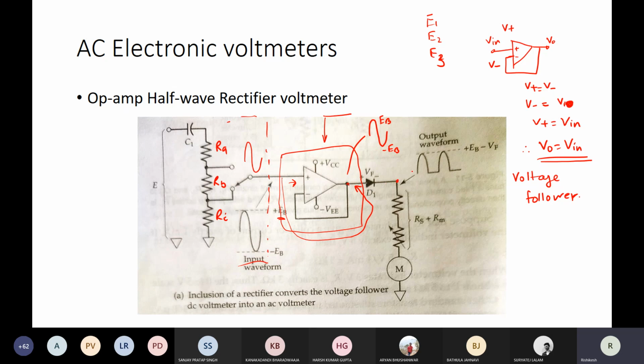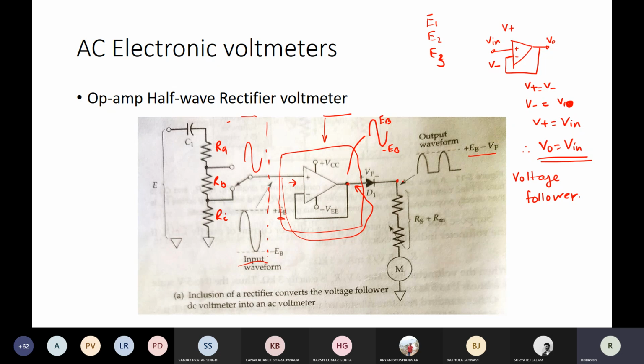After the diode performs rectification, similar to the way we discussed in the half wave rectifier based voltmeter without op-amp, where we also use one diode for rectifying the input, then only the positive cycle will appear here, plus there is an effect of forward voltage drop. That is, the peak voltage now will be EB minus VF. The negative is clipped off because the diode will not conduct in the negative half cycle.